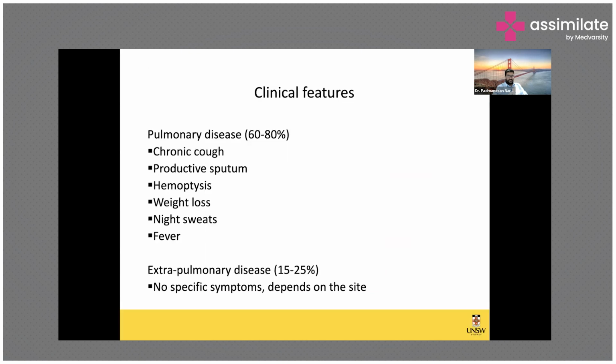And I'll just run through some clinical features and some diagnostic tests and treatment. So one of the important features is, we all studied that pulmonary disease causes chronic cough, productive sputum, hemoptysis, weight loss, night sweats, fever.